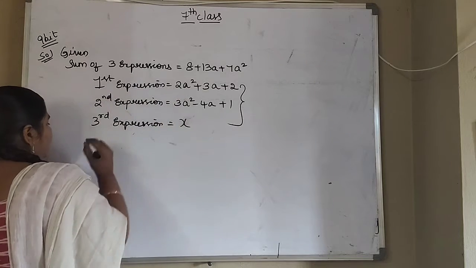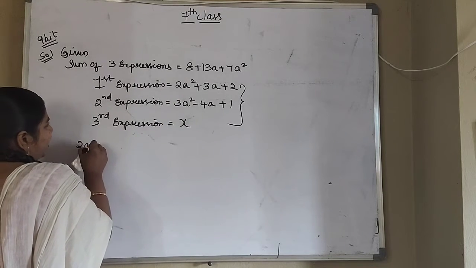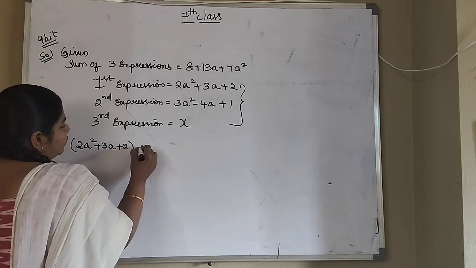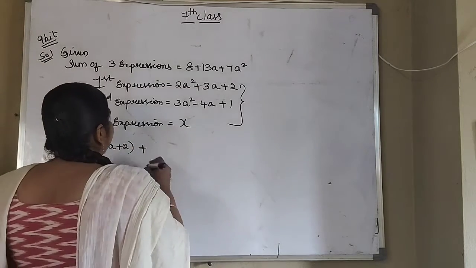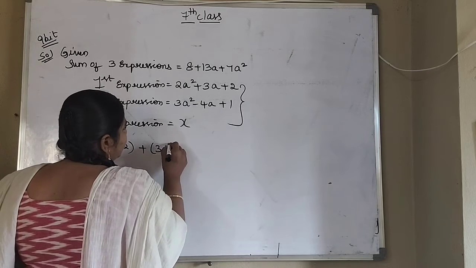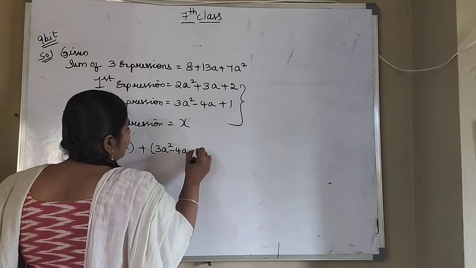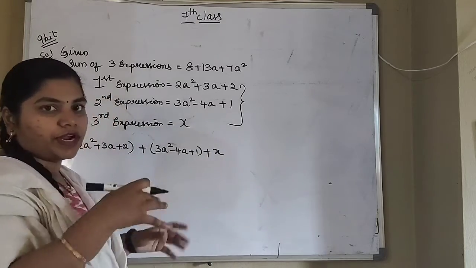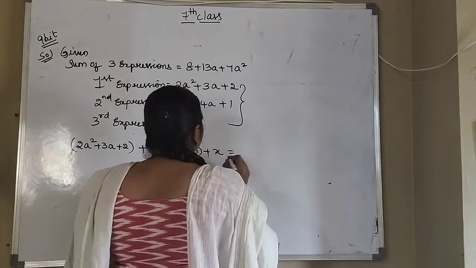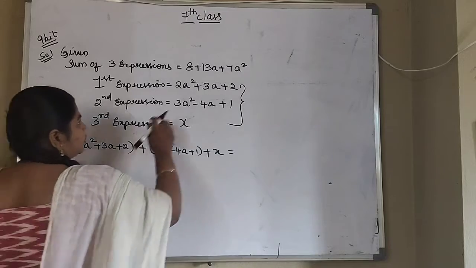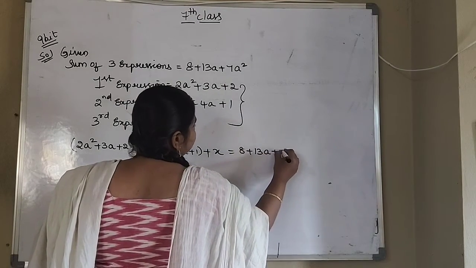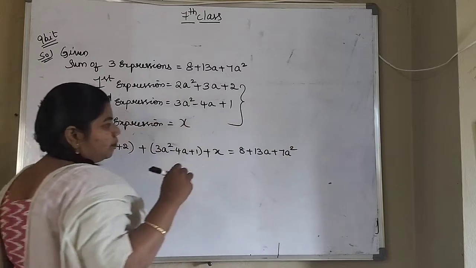Now you add these 3 expressions: 2a square plus 3a plus 2, the first expression, plus 3a square minus 4a plus 1, plus the third expression x. We don't know, we have to find the x value. If you add these, you will get 8 plus 13a plus 7a square.